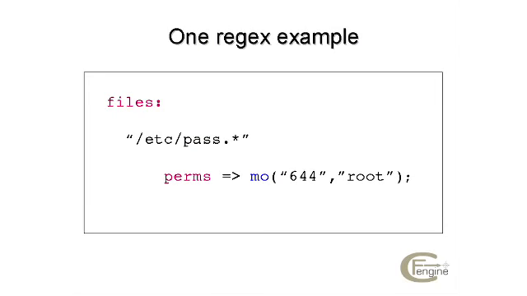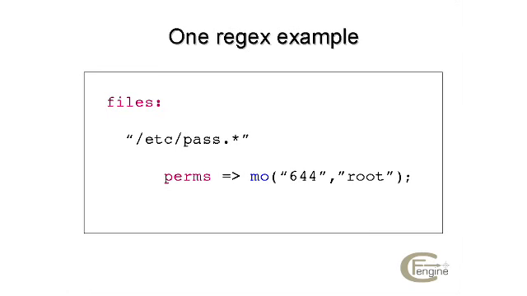So here's an example of how we might use a regular expression in CFEngine policy. There are probably hundreds of files that begin with etc pass on the system. I know one at least, the password file. And this promise says, look at every file matching this pattern and make sure that it has mode 644, owner root, these permissions.